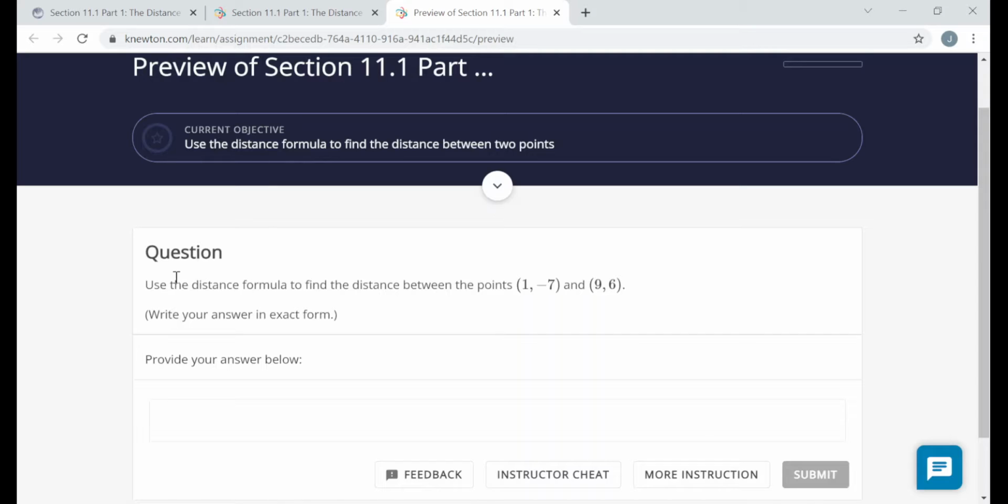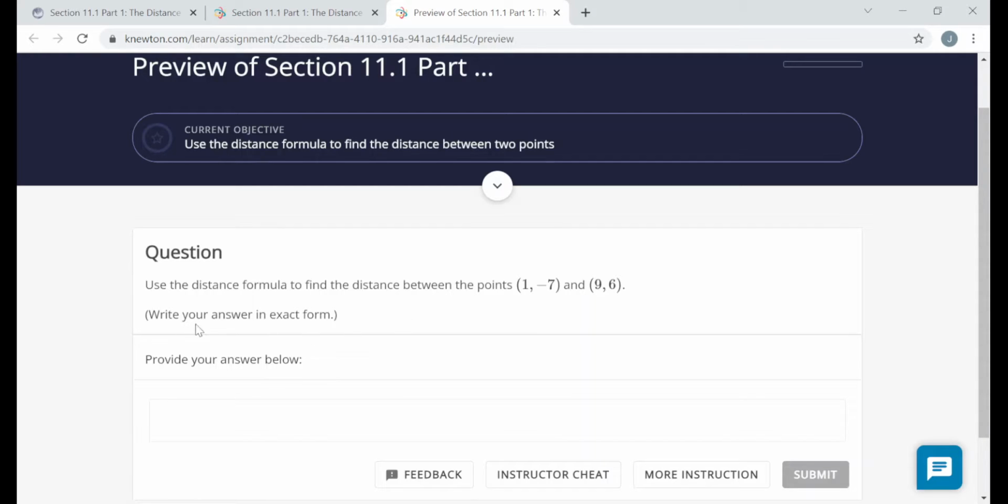So in our first question, we're asked to use the distance formula to find the distance between the points 1, -7. Remember, this is the x coordinate, and then after the comma is the y coordinate. And 9, 6, right? So x coordinate 9, y coordinate 6.